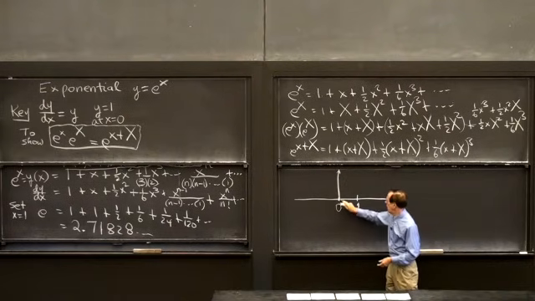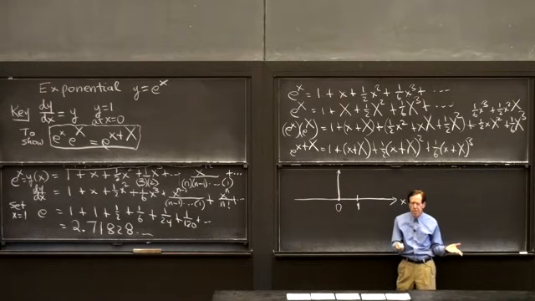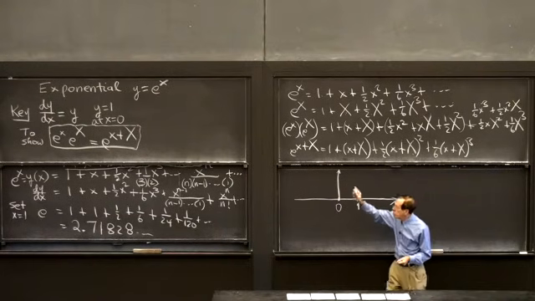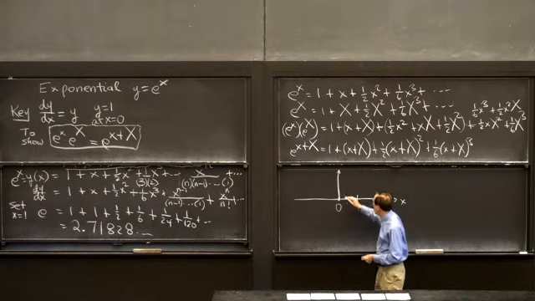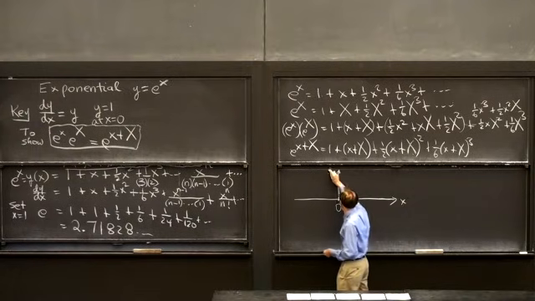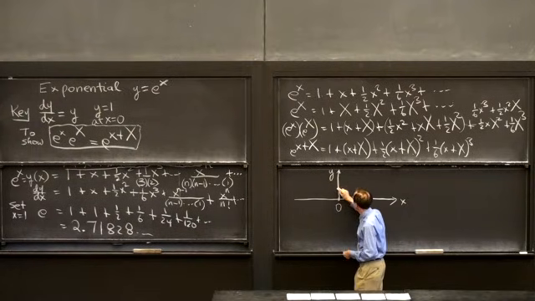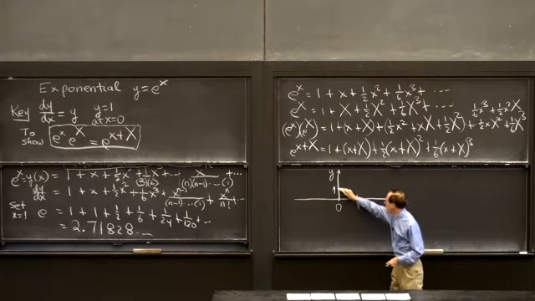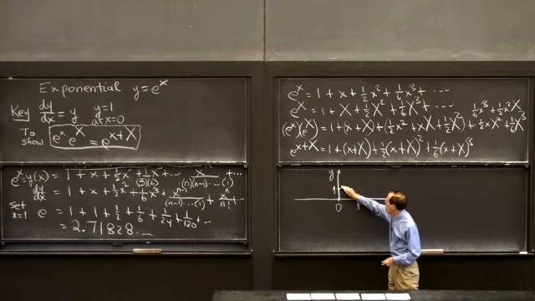And at x equals 0, what is it? We started with that. So this is y. I'm graphing y. And it starts at 1. At x equals 0, I've started at 1 with a slope of 1. So I have a slope of 1, but the slope is climbing up.